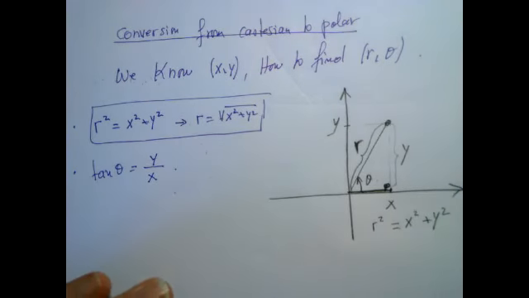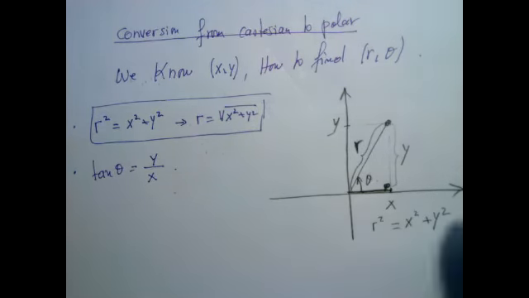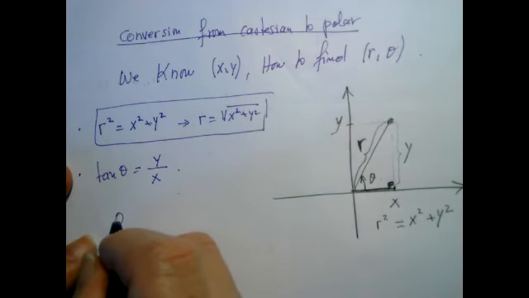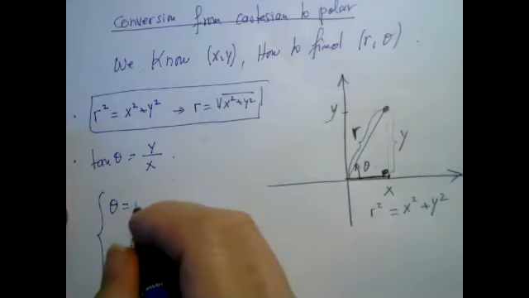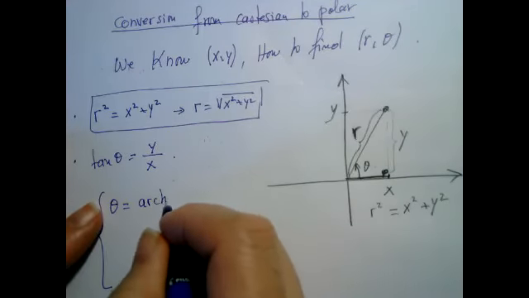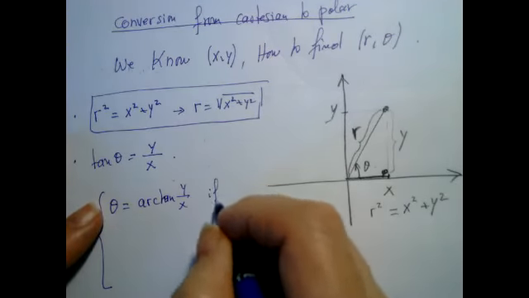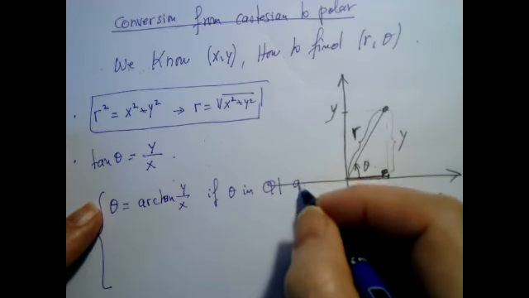To find theta is going to be a little bit problematic from this. I'm going to give you the rule and I explain where my rules are coming from in the example. So this will give me that theta equal, and I explain why I am writing that. It's going to be the arctangent y over x if theta is in quadrant 1 and quadrant 4.